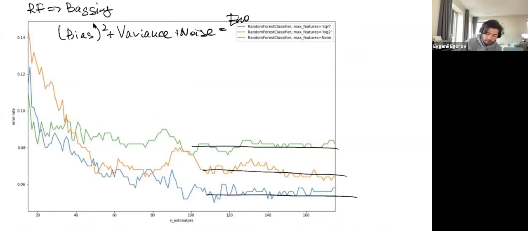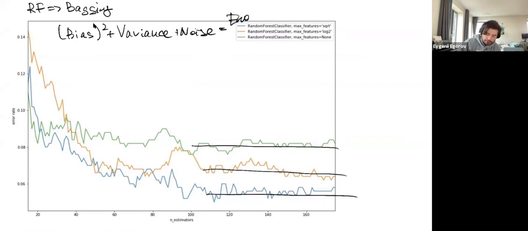What is the gap between these lines? It is because they have different numbers of features. But also, as the number of estimators is growing, it's harder and harder to get estimators that are not positively correlated with each other.